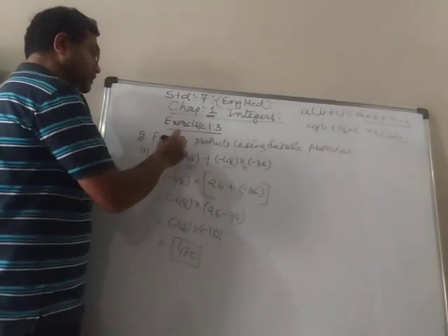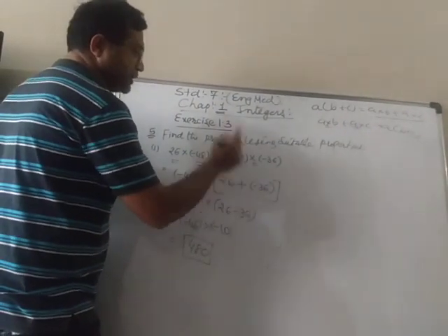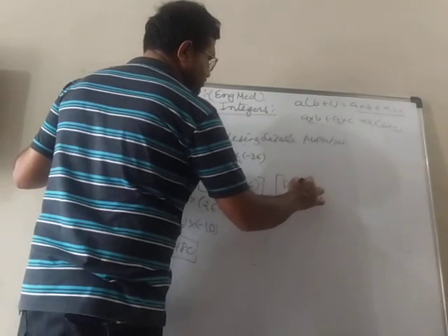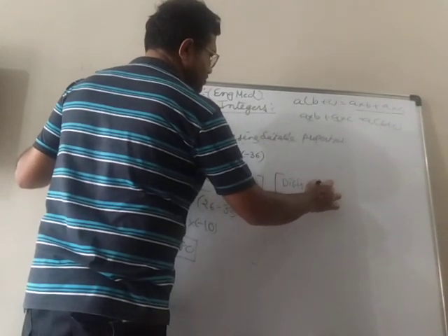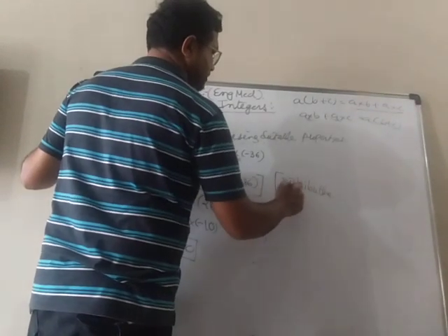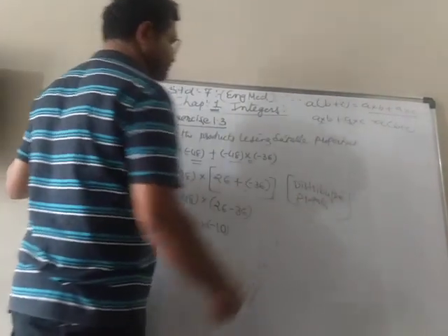But here we have to use the suitable property. Which property do we use here? That you have to mention here. Distributive property. Whatever property we use, we have to mention it.